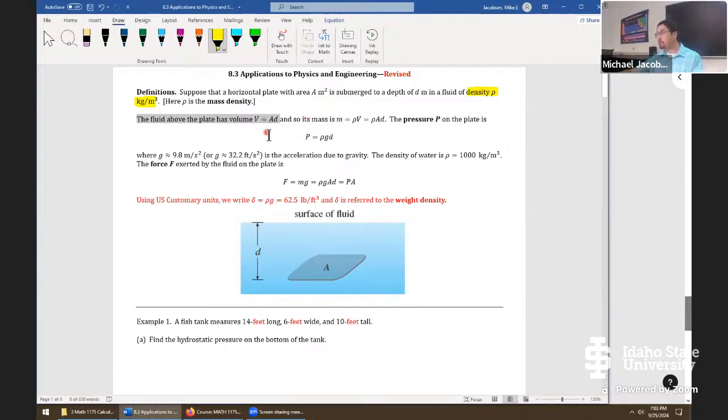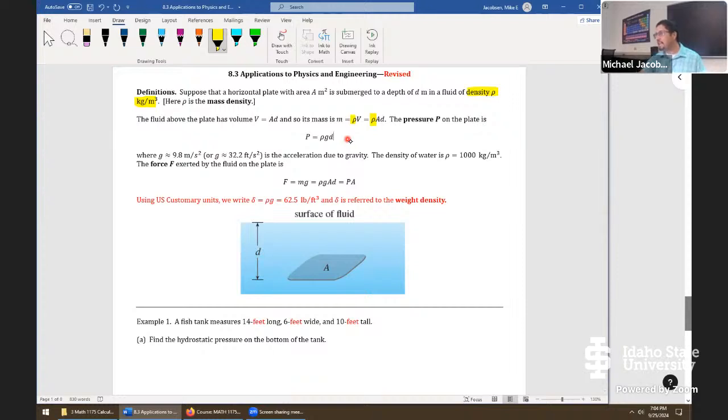If we have volume equals area times the distance, then the mass altogether is going to be the density of this liquid multiplied by the volume. So it turns into density times area times the depth. So that's going to be the mass of the water above that plate. Finally, we could put this all together and say the pressure on this plate is rho times g times d.